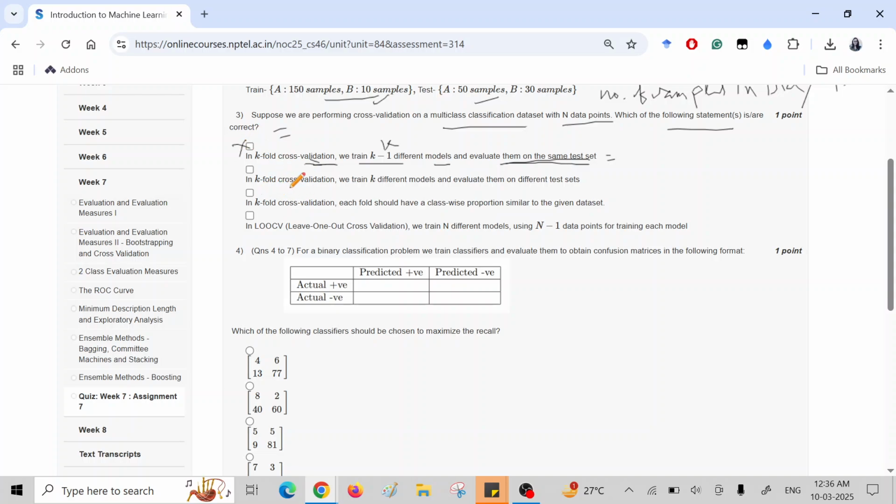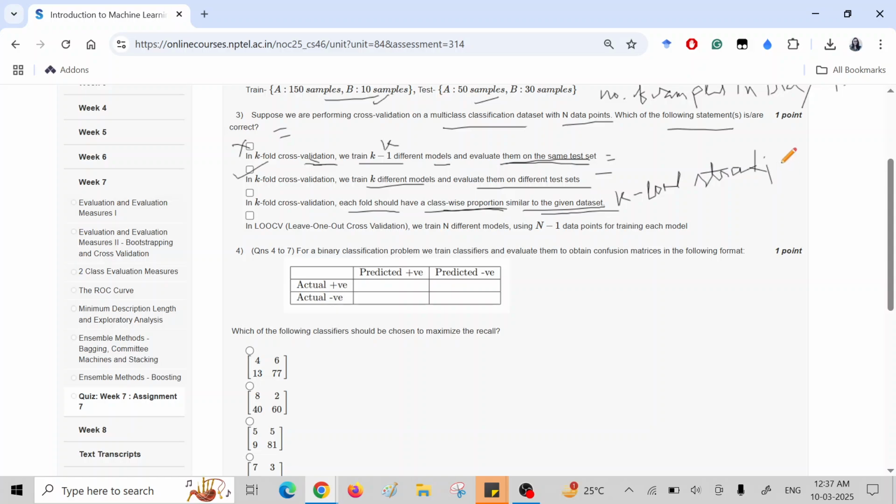Then second option, in k-fold cross validation we train k different models and evaluate them on different test sets, that is correct. So option B is one correct option. Then the third option, in k-fold cross validation each fold should have a class wise proportion similar to the given data set. Generally this definition is correct for k-fold cross validation with stratified sampling, okay.